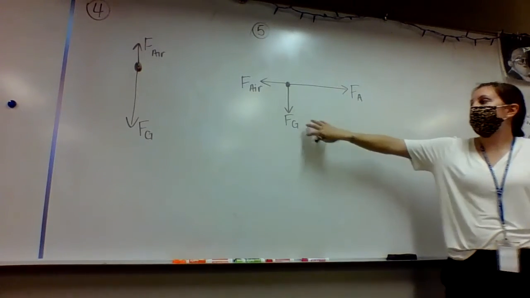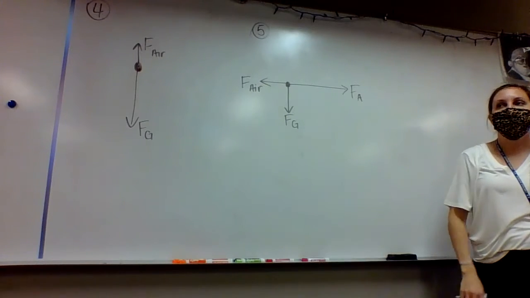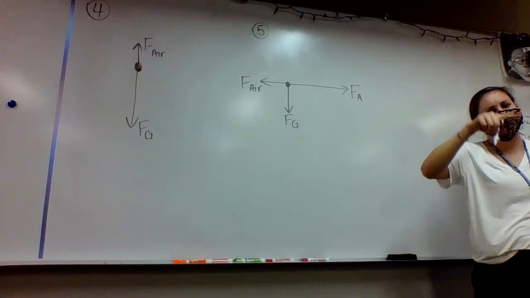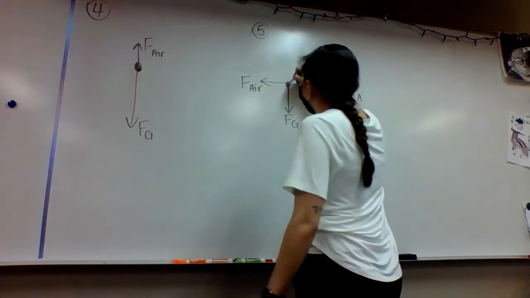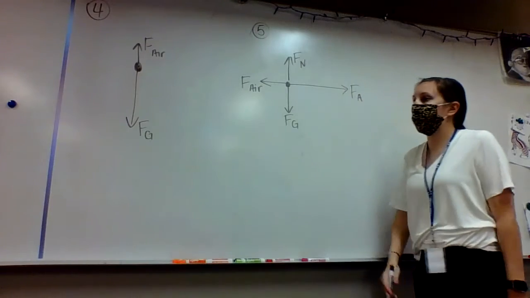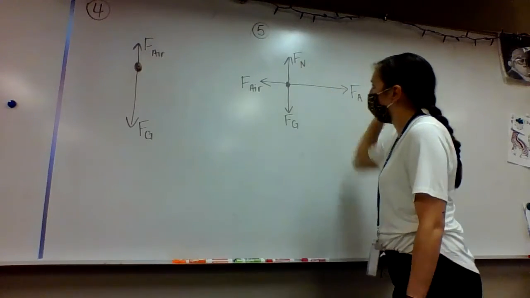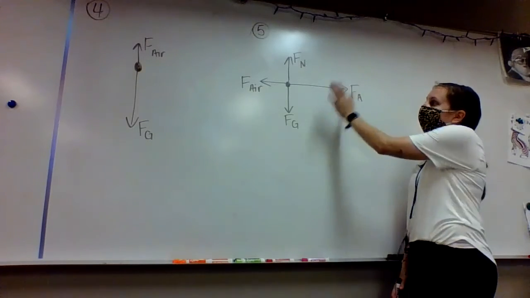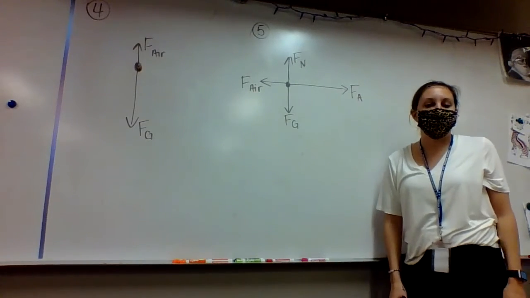So what force cancels out gravity? The upward one. Starts with an N. Normal force. Does that go up? Yep, it goes up. It opposes gravity, usually. Okay, so that is our free body diagram of our velociraptor.